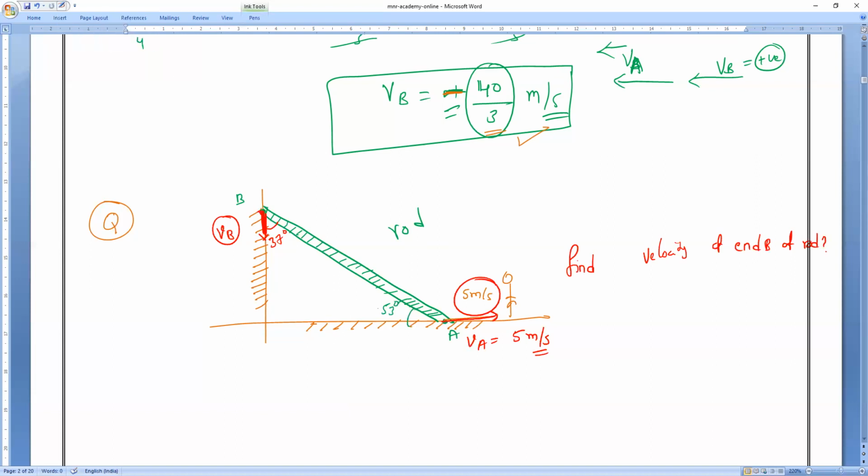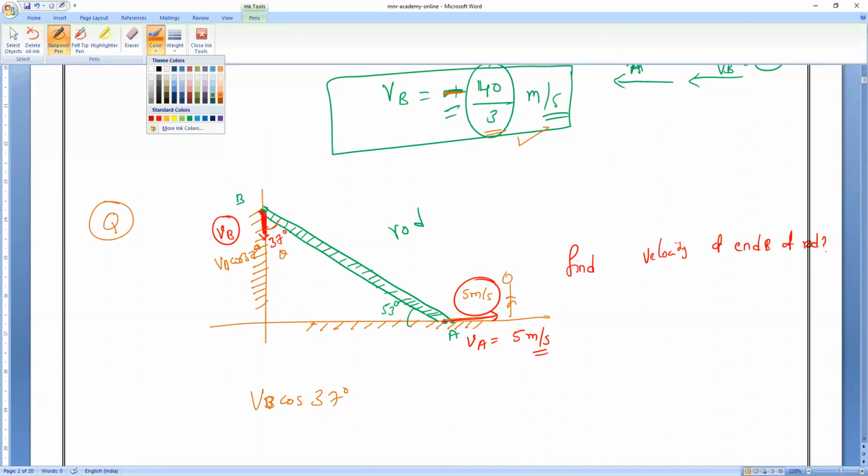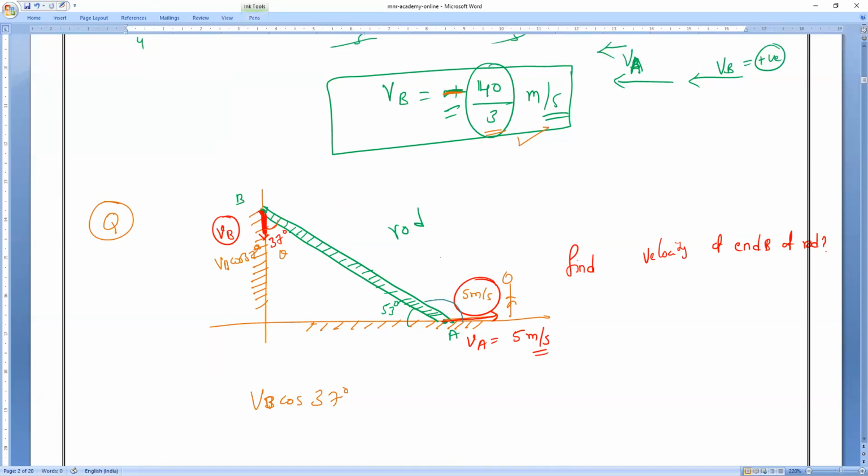Now notice it. The rod is inclined with theta. So VB cos 37. But here the velocity at A is acting in the outward direction, so the angle is 180 minus 53.